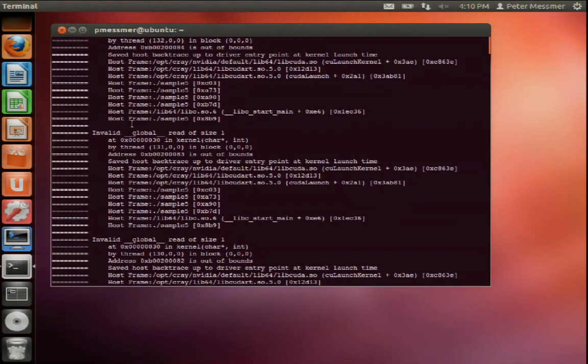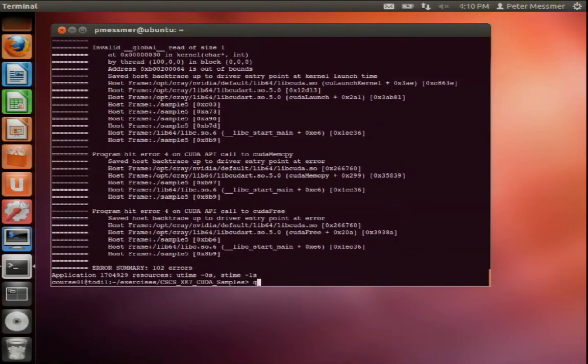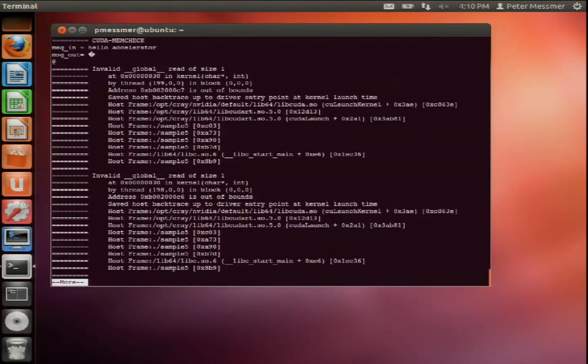And it will tell you here, it gives us some information about that thread number, the 200th thread in the first block, is out of bounds, accessing its memory, and so on. So you can use this information just to pinpoint where the problem occurs.